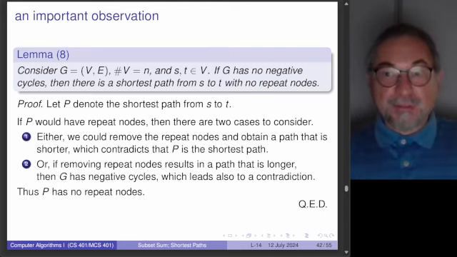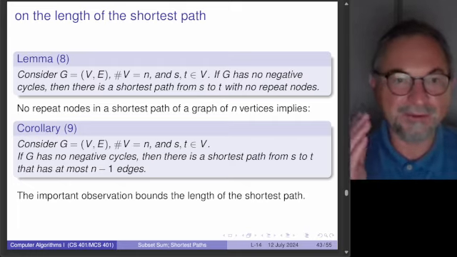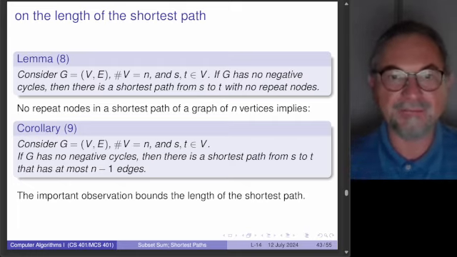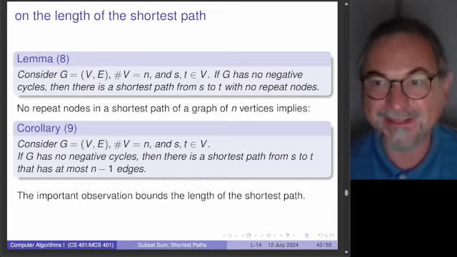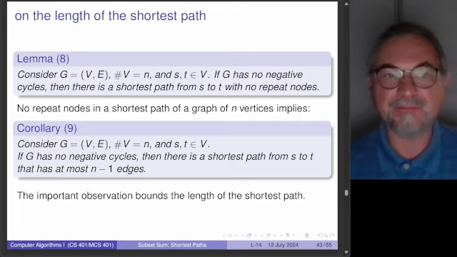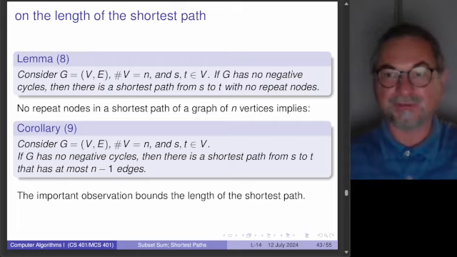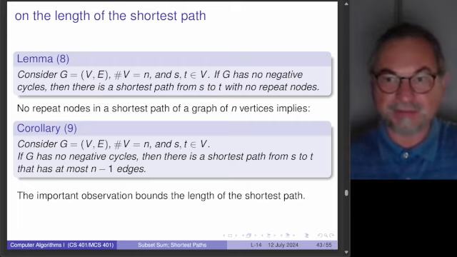Now, why is this so important? If we look at the statement again, we have not yet used that we have n vertices. If we have no repeat nodes on a graph with n vertices, this means that you can visit all the vertices at most once, and even if you visit all of them, you have n minus 1 edges.